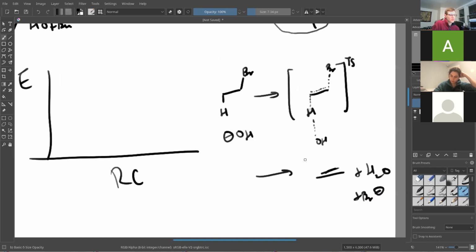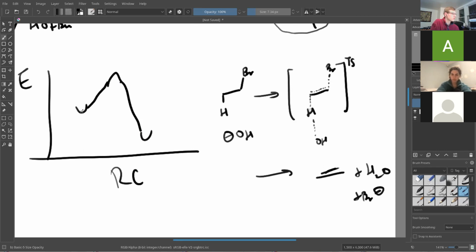So all that we know is that we have a transition state up here, and then a starting state and an ending state. And then we just fill in the lines.